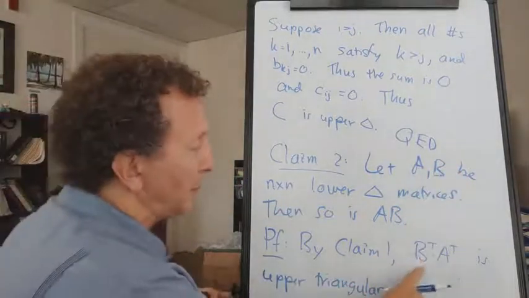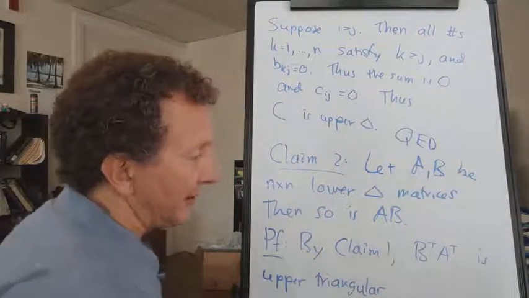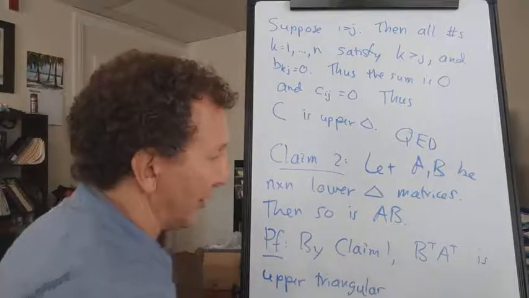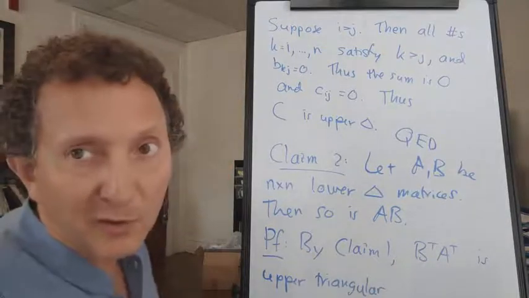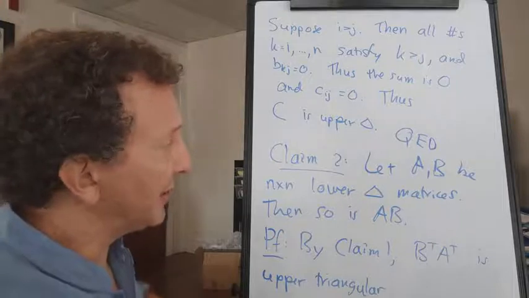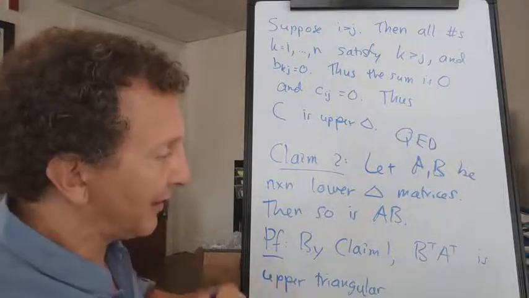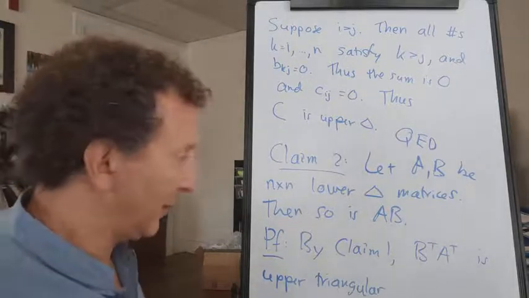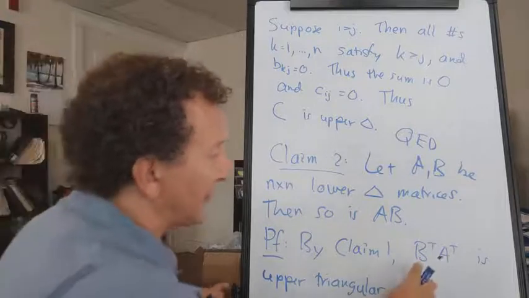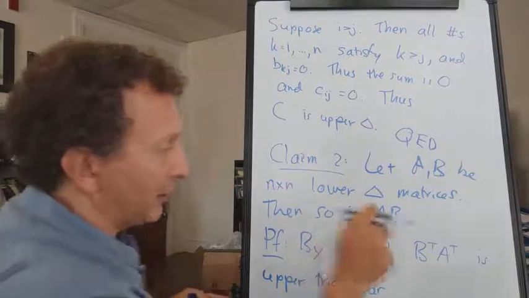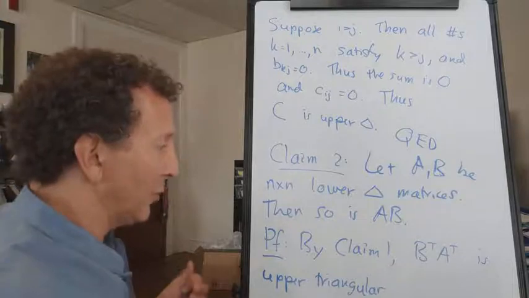Well, that's because B is lower triangular, A is lower triangular. And when you transpose a matrix that's lower triangular, you're putting all the non-zeros on the other side of the diagonal and you get an upper triangular matrix. So these are two upper triangular matrices and their product has to be upper triangular by claim 1.